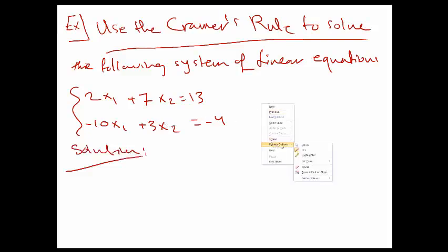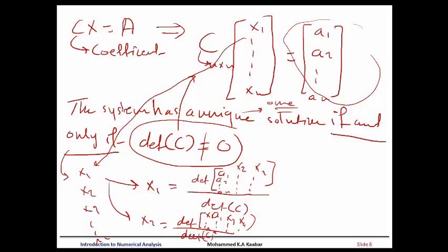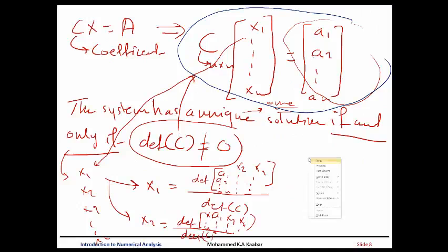First of all, we write this system in this form: C times x1 to xn, equal to a.